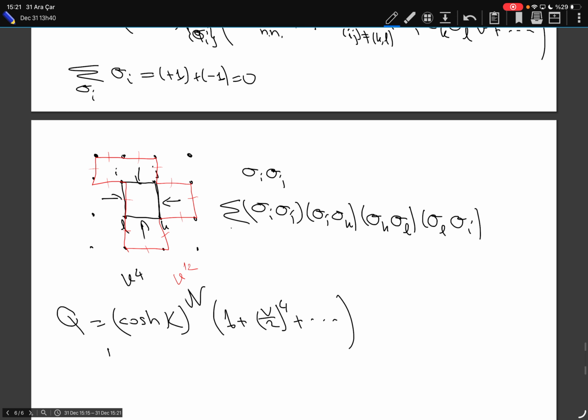And v is tanh K. And this N is 1 over 2 N times q, where for the square lattice q is just 4.